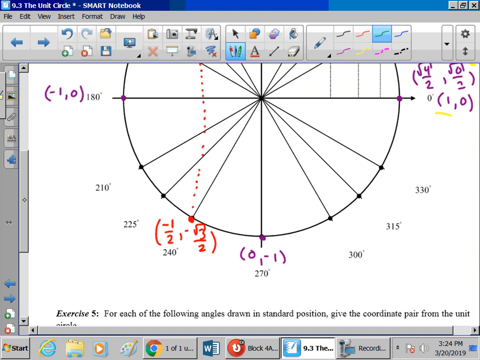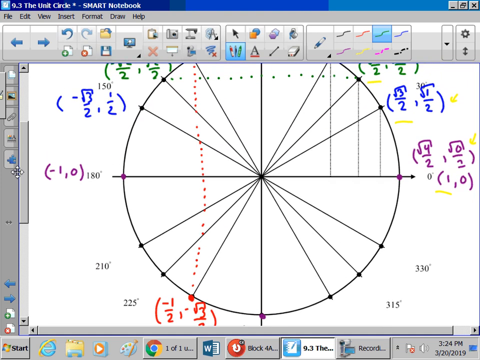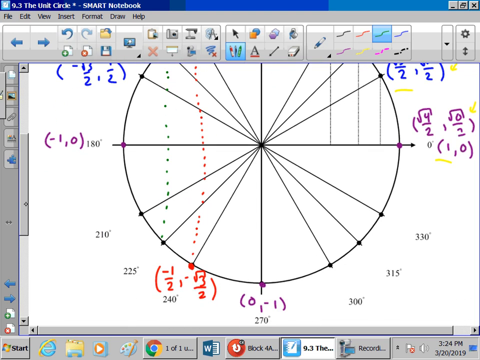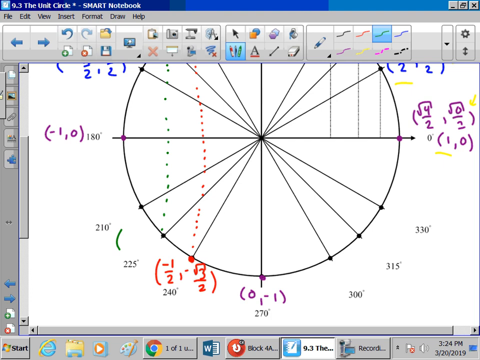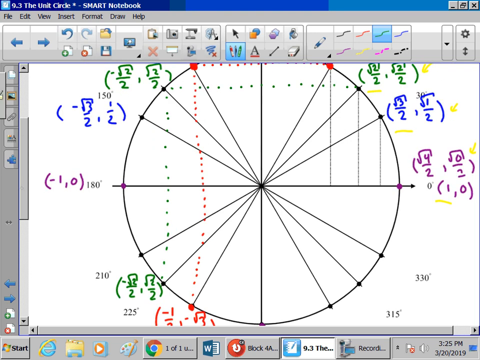If we look at our next pair, the green one, then we're going to keep the x-coordinate the same, switch the y-coordinate. We wind up with negative rad 2 over 2, negative rad 2 over 2. Same thing's going to happen with our blue one.